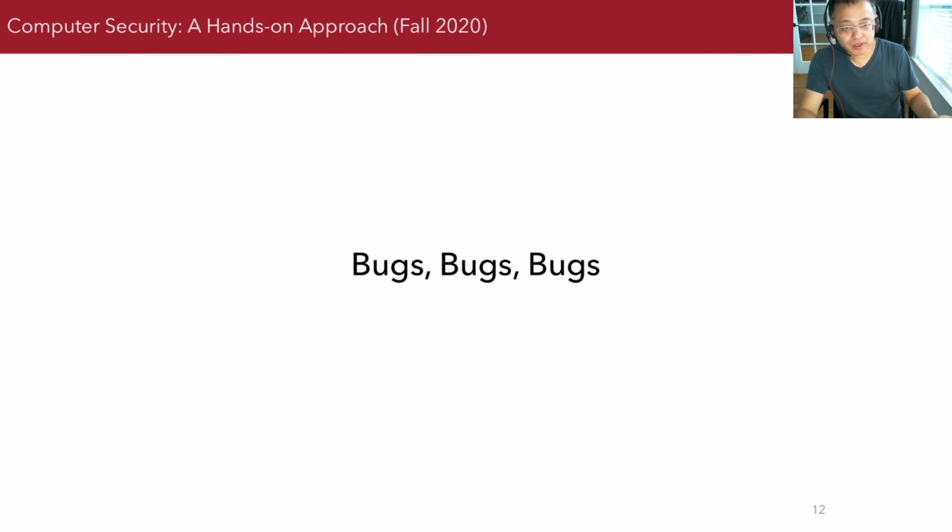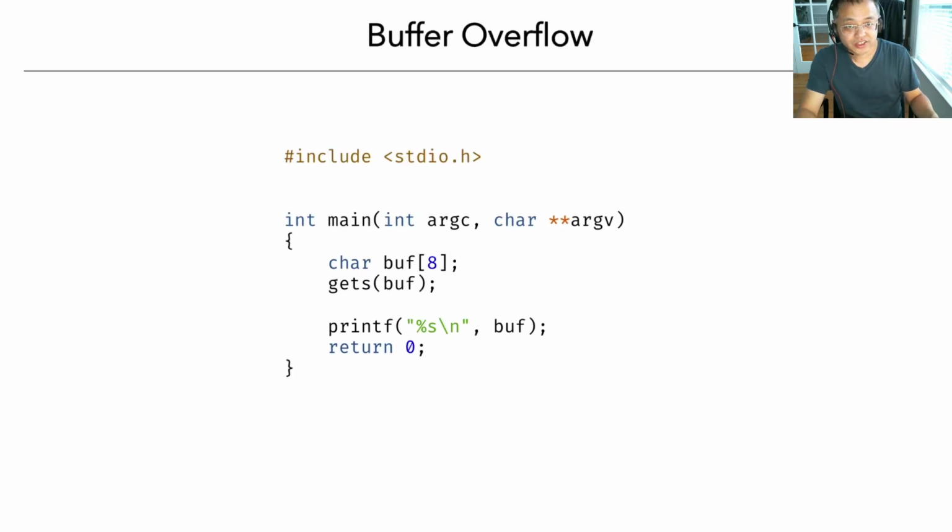Okay, next let's talk about bugs. Just a quick rundown of some typical bugs. Like here, this is a buffer overflow problem. Look at this source code and see where the problem is. Let's define a buffer of 8 bytes.